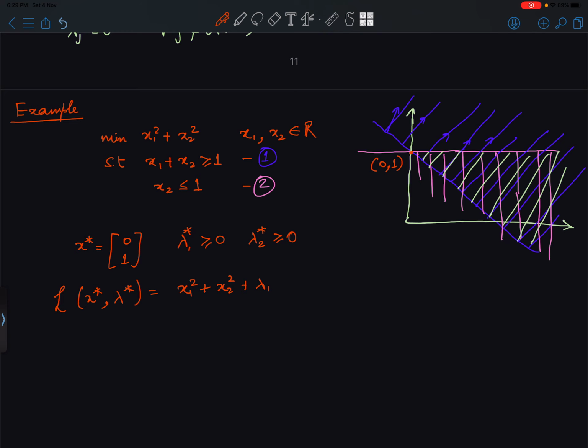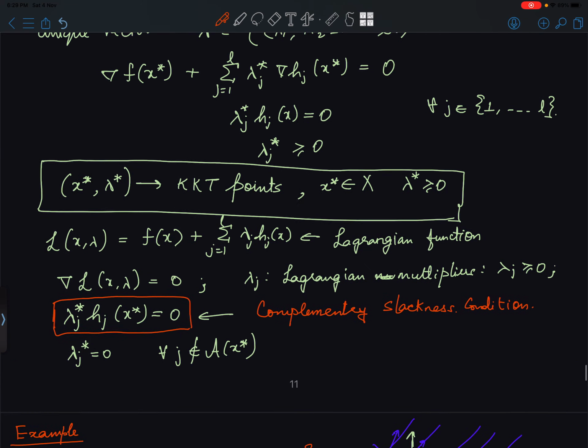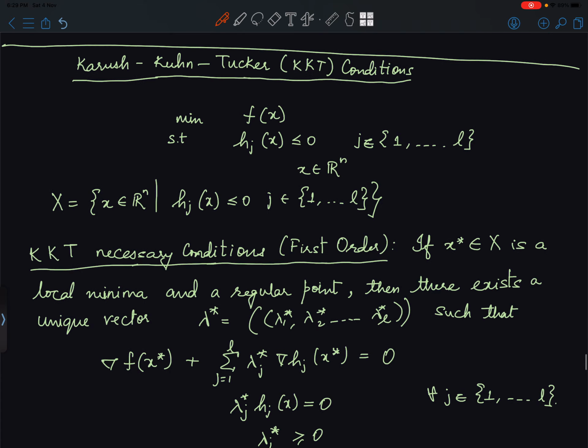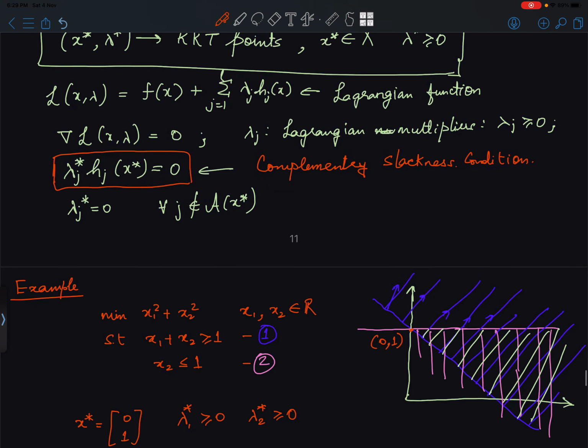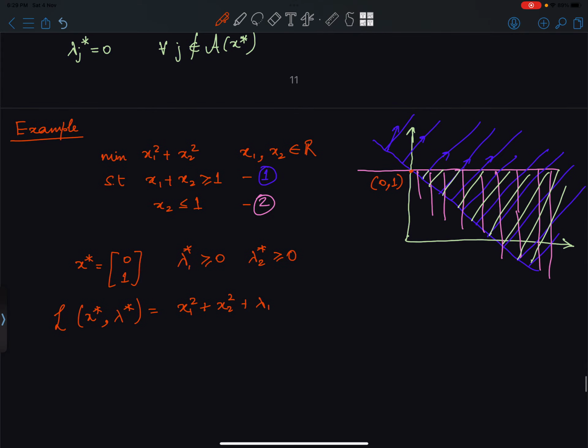If you notice, in all the conditions hj of x is less than or equal to 0. So let's convert this constraint into a similar form. If we invert the inequality, it becomes 1 minus x1 minus x2 less than or equal to 0.